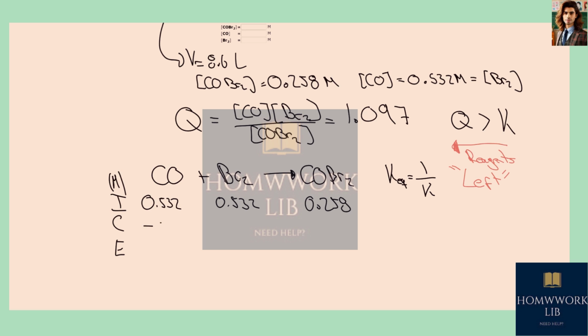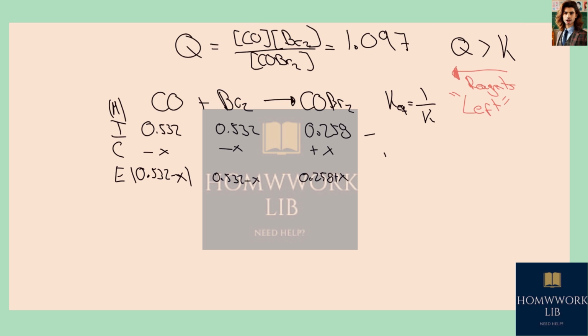A fraction of X is going to be transformed into the product over here. So at equilibrium, we would get 0.532 minus X, 0.532 minus X, and 0.258 plus X. The new equilibrium constant would be equal to 1 over 0.546, which is 1.83150.